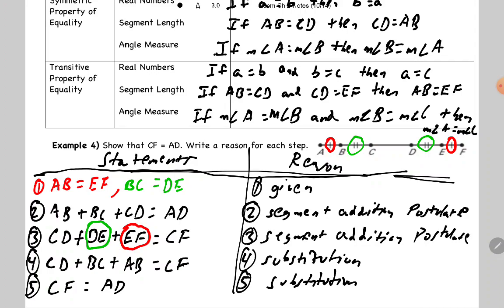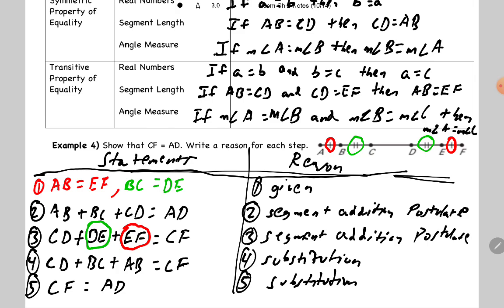Now, if this whole example was confusing to you, don't worry. We're going to do more later. You're not supposed to be master of proofs after one day. We're going to be working on this all semester. And just know, if you're not a master of proofs by the end of the semester, that's fine.